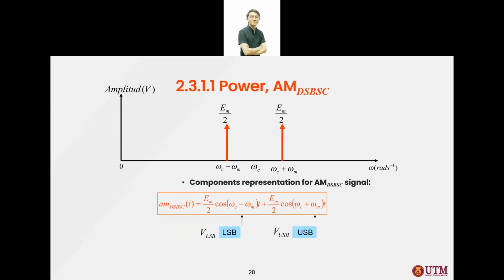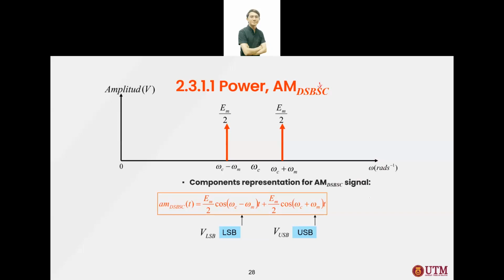Then, having discussed power in double sideband full carrier, we also need to know power in double sideband suppressed carrier. It's similar to what we learned in double sideband full carrier, it's just that there is no more P carrier.